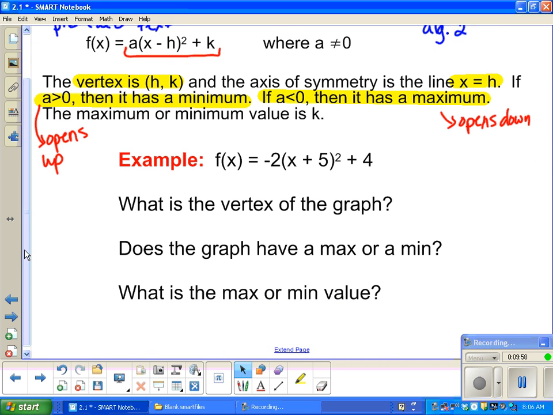So let's look at an example. If my f of x is equal to negative 2 times the quantity x plus 5 squared plus 4, what is the vertex of the graph? The vertex of the graph is our (h, k). Does the graph have a minimum or a maximum?